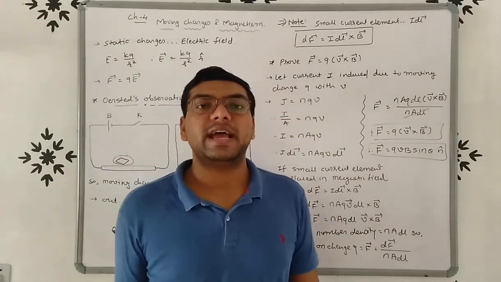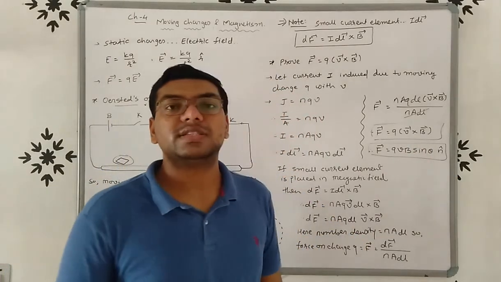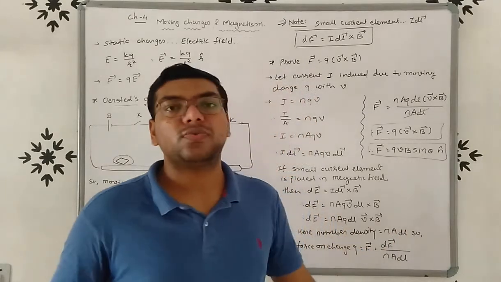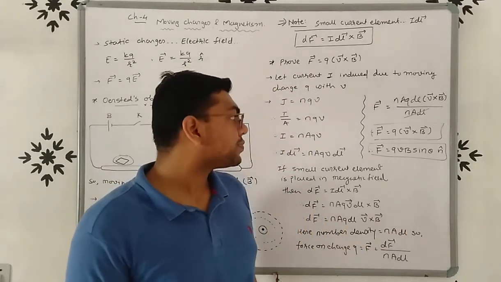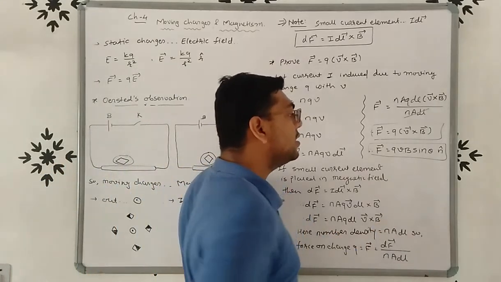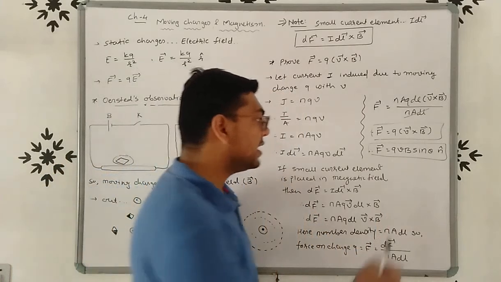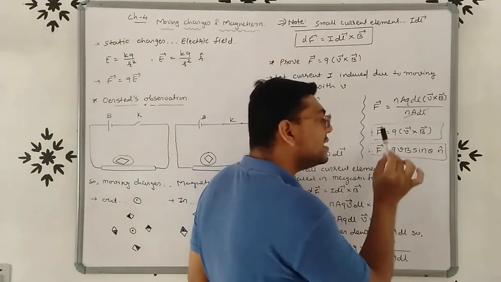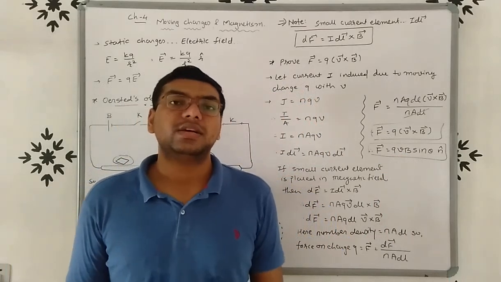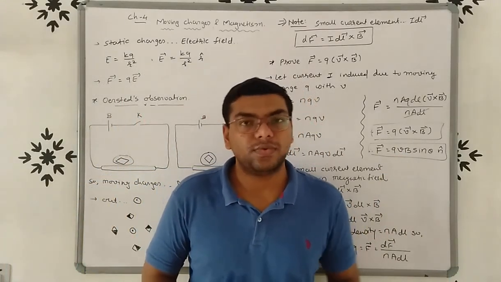If they are opposite, the value of sin pi is 0, so force will be 0. And if the velocity of charge is 0, then again force will be 0. So these are the different features of this formula.